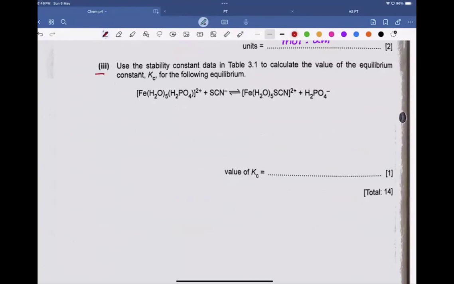Okay, third. Use the stability constant in table 3.1 to calculate the value of the equilibrium constant Kc for the following equation.